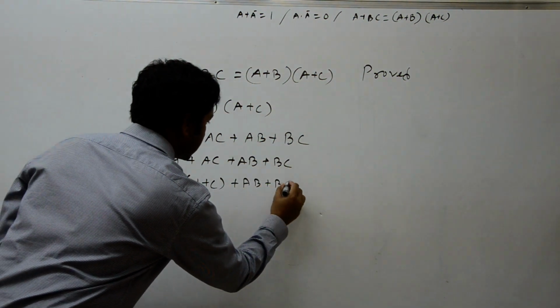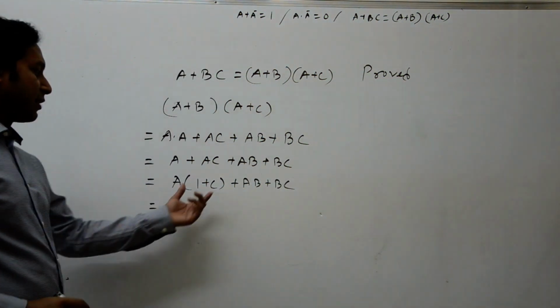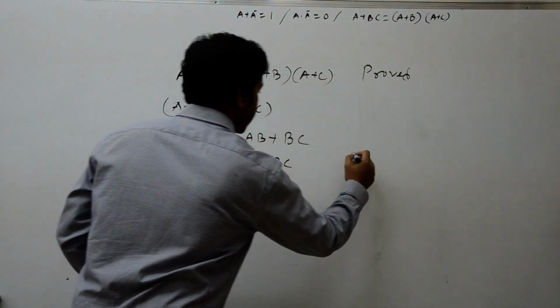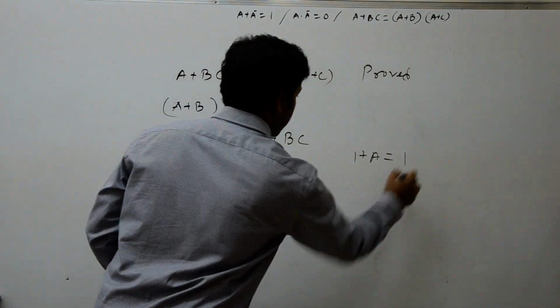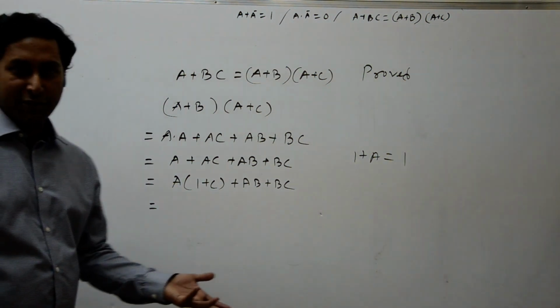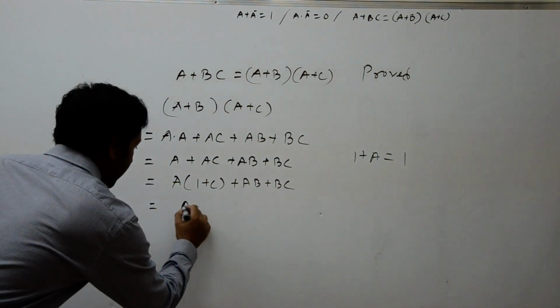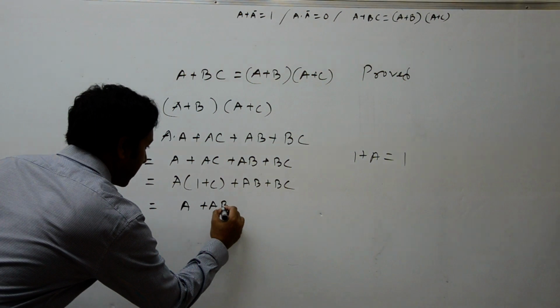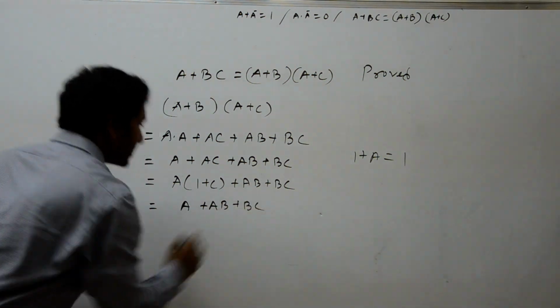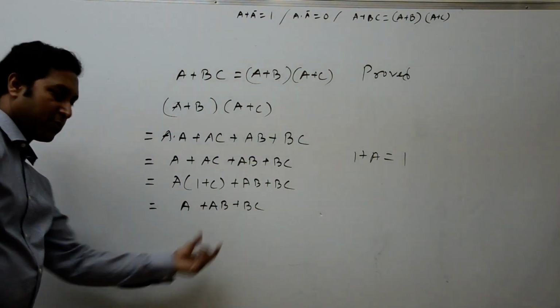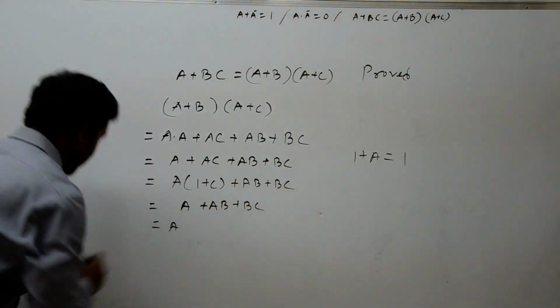ab plus bc. What is the value of 1 plus c? We have seen 1 plus a is equal to 1. So 1 plus c is equal to definitely 1. So it became a plus ab plus bc. Again from this, what can we take? A as common we can take.